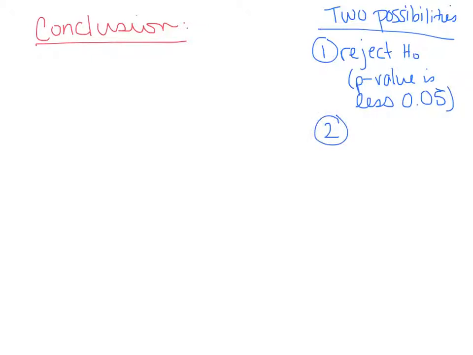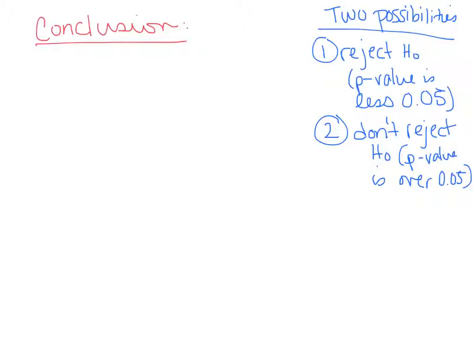That's your first possibility. Your second possibility is you don't reject H0. You're going to do that if your p-value is over 0.05.